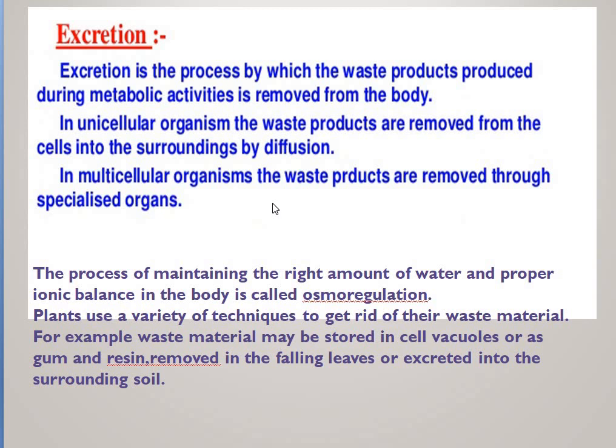Whereas in case of multicellular organisms, the waste products are removed through specialized organs, what we call as proper organ development. In different groups of animals, we have different kinds of excretory organs, which we will be talking further in our discussion. So in multicellular organisms, the process of removal is not simple because it happens through specialized excretory organs.